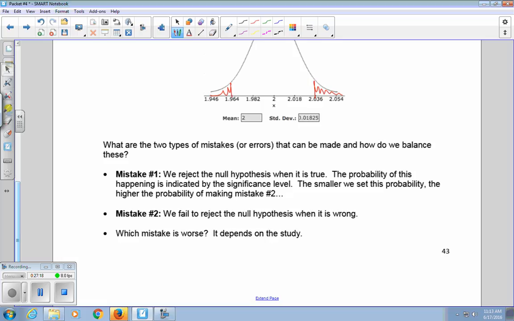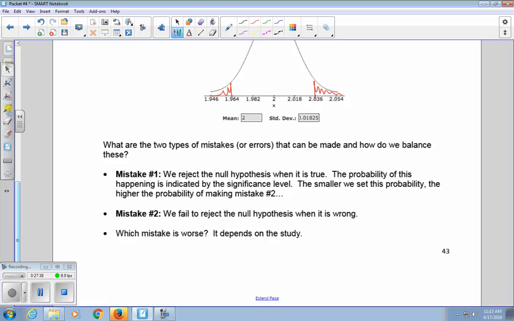The two types of errors that can be made are: mistake 1, we reject the null hypothesis when it's true. The probability of this happening is indicated by the significance level. The smaller we set the probability, the higher the probability of making mistake 2.